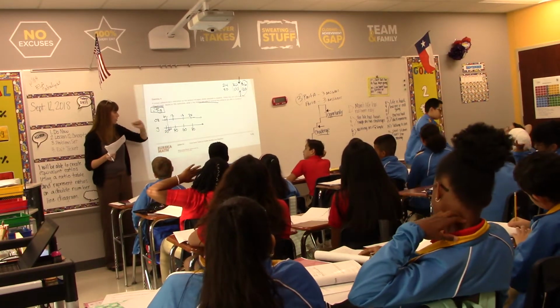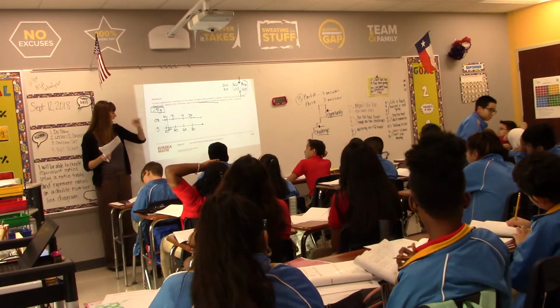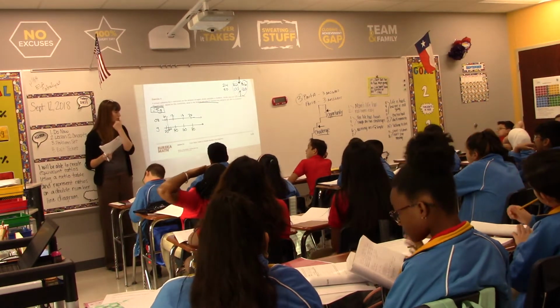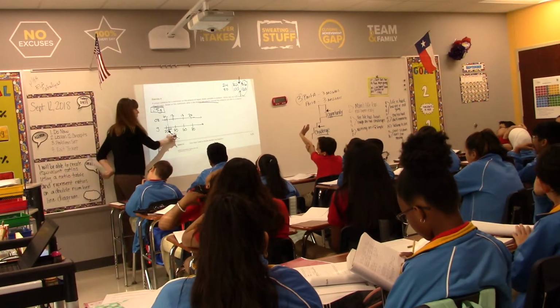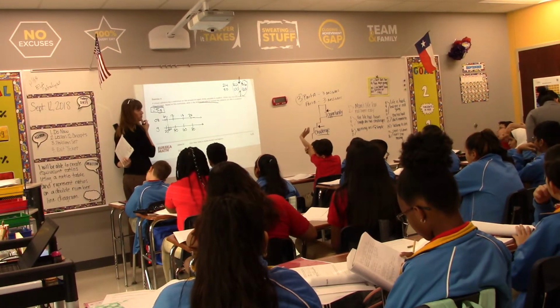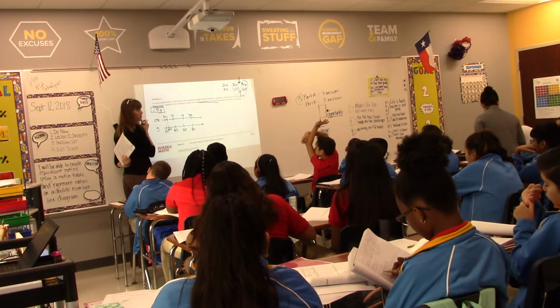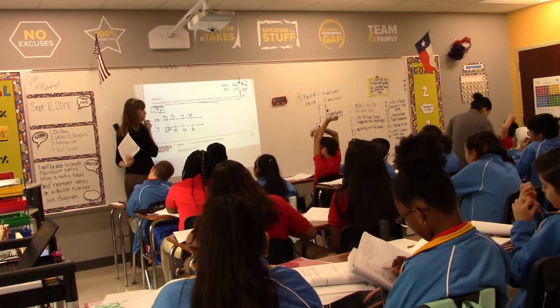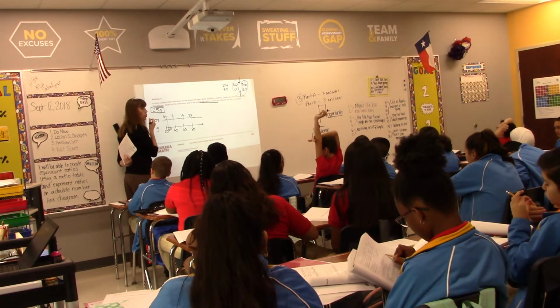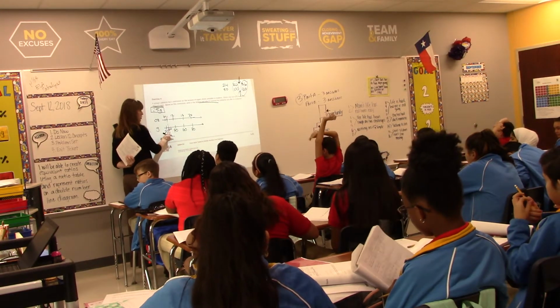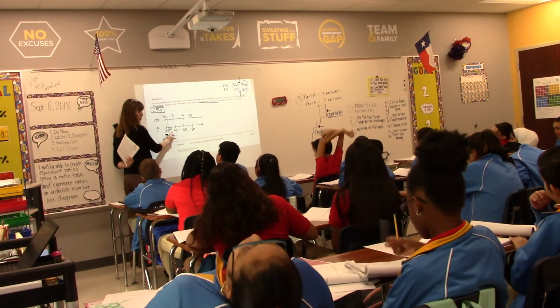And then what, Dalen? How did we find 25 on the bottom? We cut it in half again, because 25 is halfway between 20 and 30.